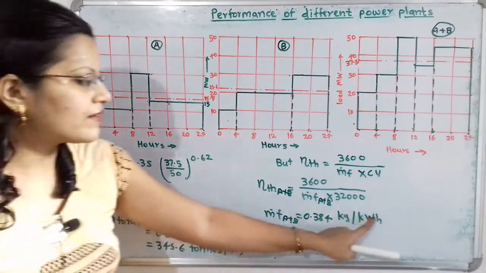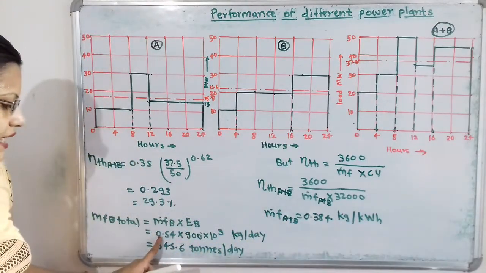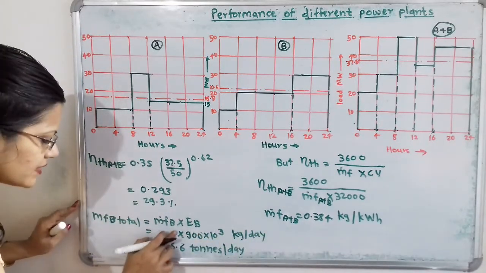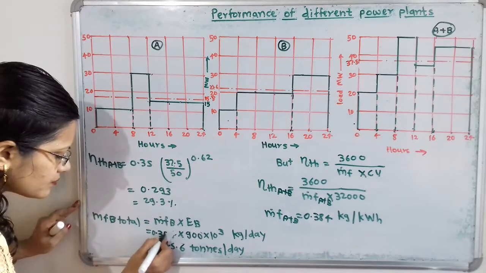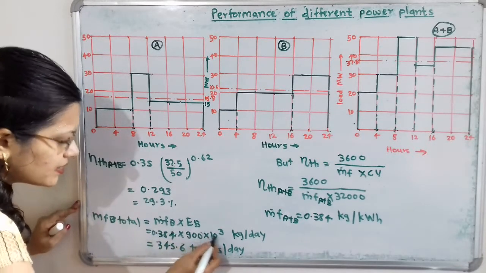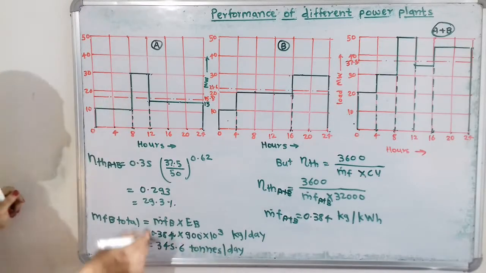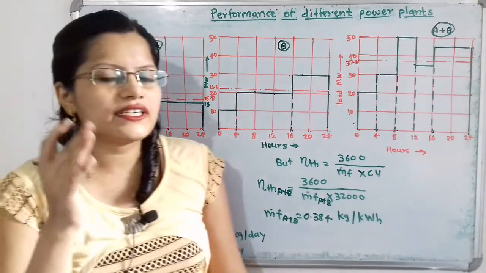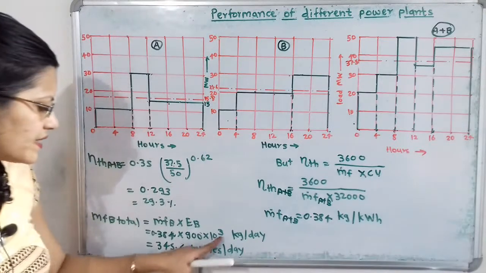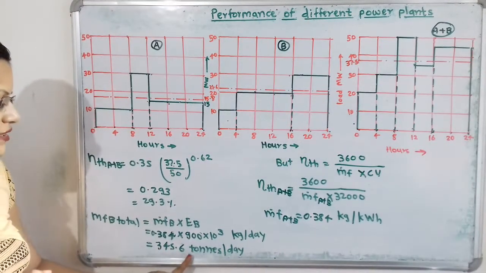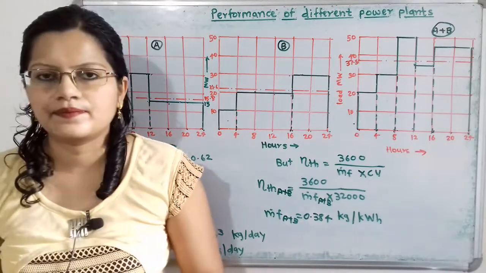So this kilowatt hour is getting cancelled, and we will get, when we multiply here with 0.384 multiplied by 900 into 10 raised to 3, that is kilogram per day. But here in the question it is tons per day, so we will divide here with 1000, so we will get the answer 345.6 tons per day.